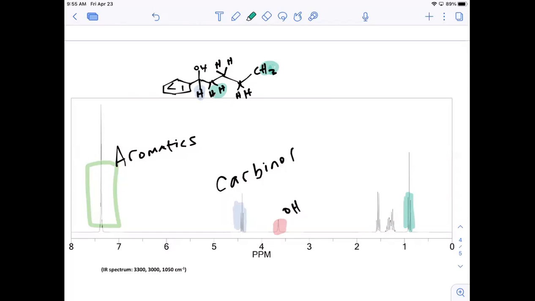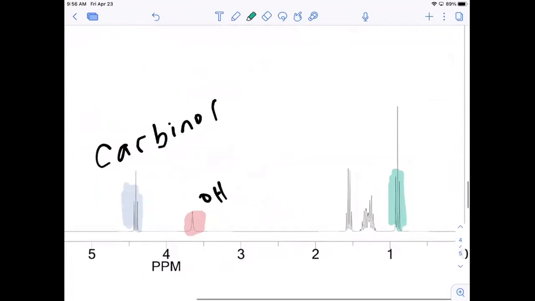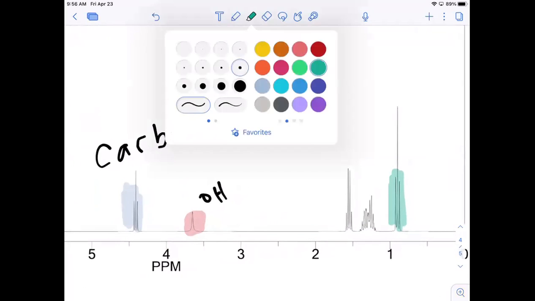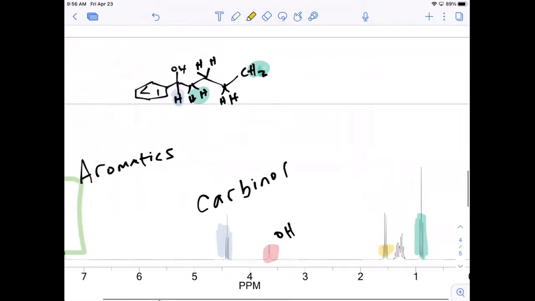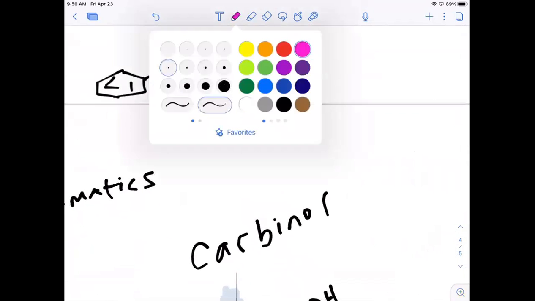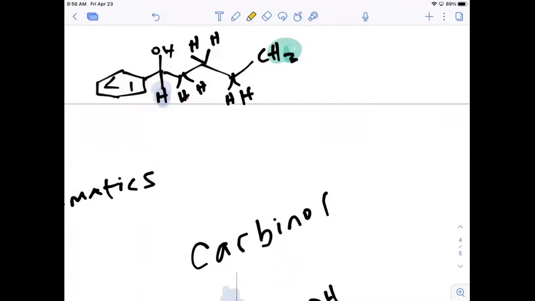You've got one neighbor on the right, two on the left, so N is 3, and N plus 1 is 4. Let me change the color on that. It's going to be right here. And that quartet corresponds to these protons right here. Good.